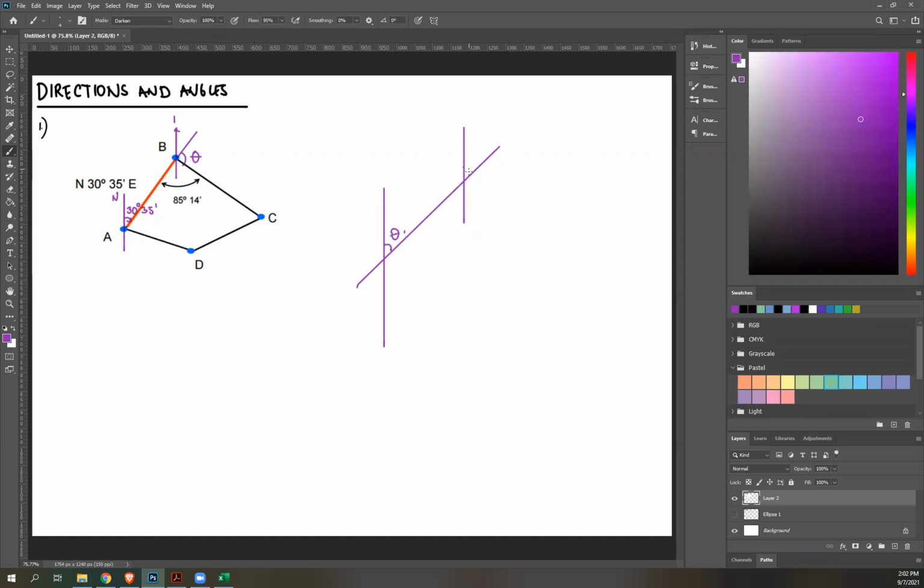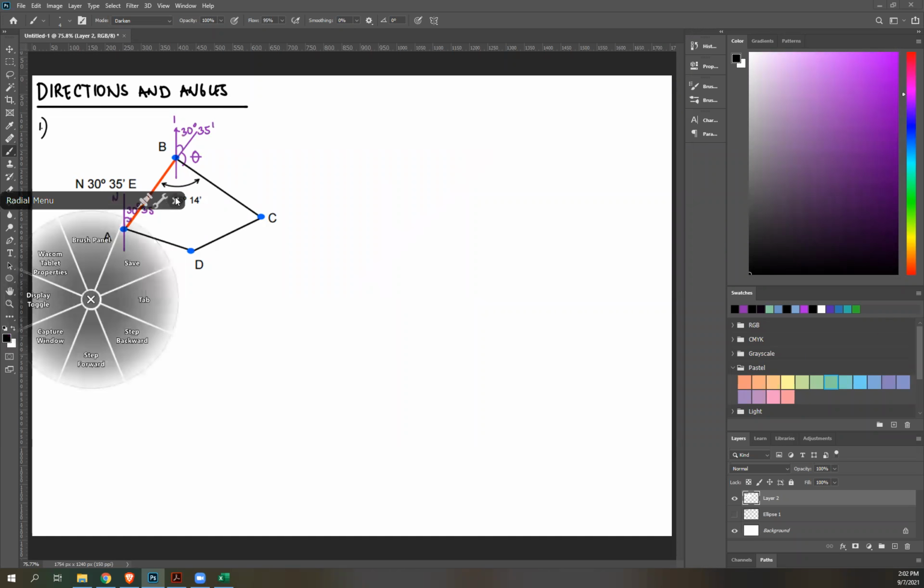Theta 1 and theta 2 are angles from the same line and the same vertical line, so they're parallel, therefore equal. So this is also 30 degrees 35 minutes. The only thing I need to solve for is this theta.